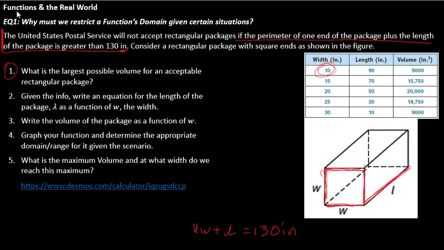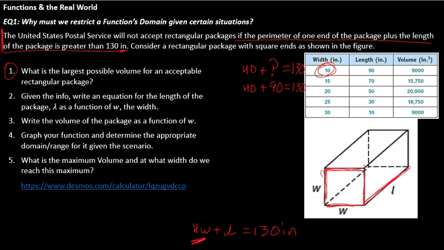So what happens if the width is 10? Based on what I've got over here, if the width is 10, that would be 40 for the perimeter of the end, plus a length that we don't know, but it has to add to 130. So that means it would be 40 plus 90, and that gives us the 130.